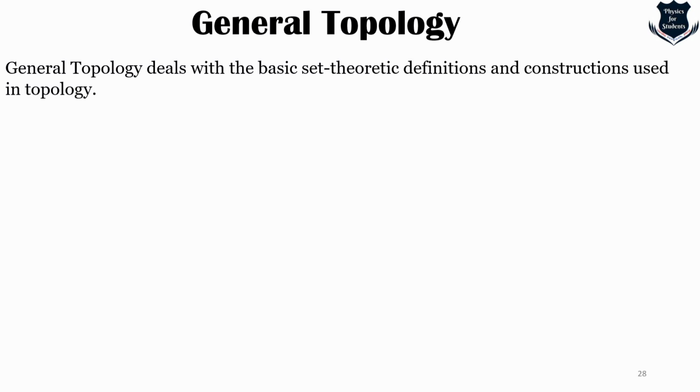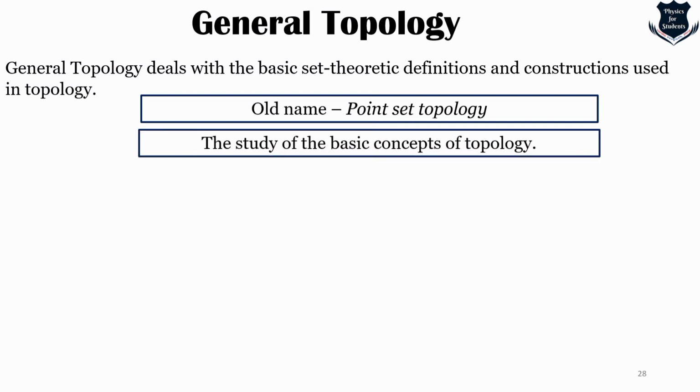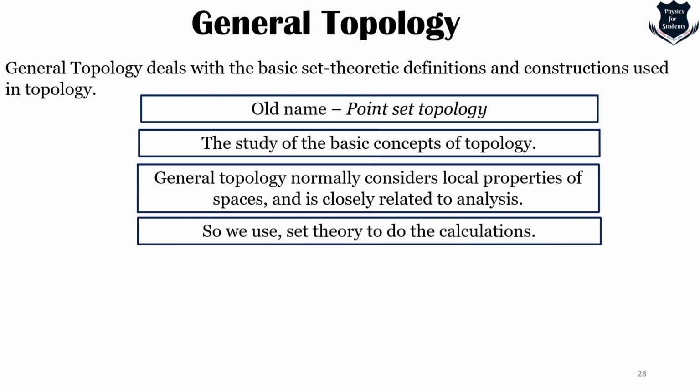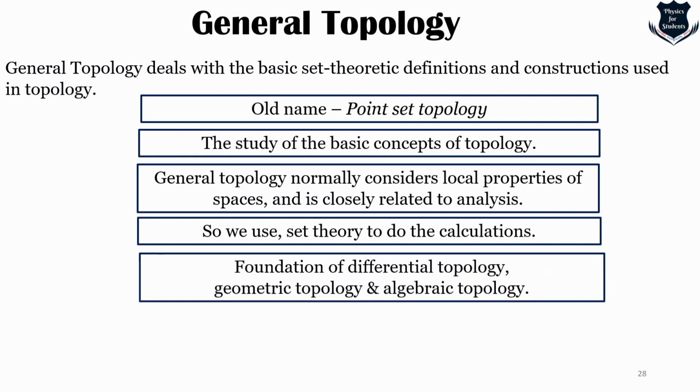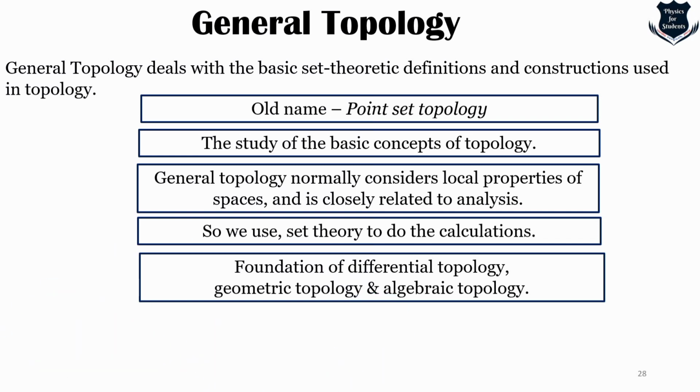But before that, a quick glimpse at general topology, which is the topology that we are going to study. It is point set topology, the study of the basic concepts of topology. It deals with properties of spaces which are closely related to analysis, and we use set theory to do the calculation. It is the foundation of differential topology, geometric topology and algebraic topology.